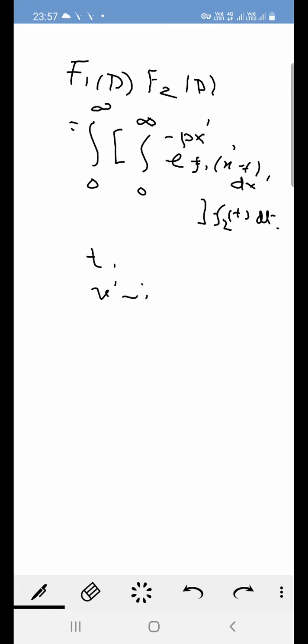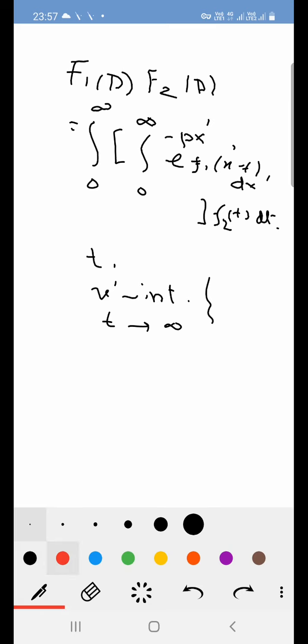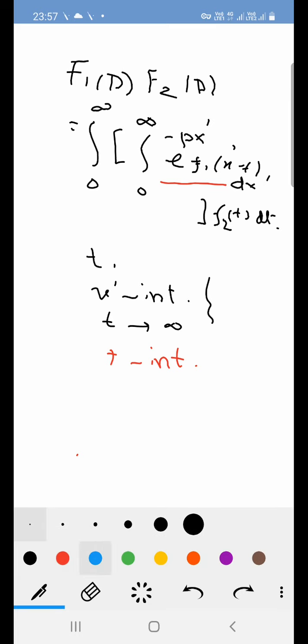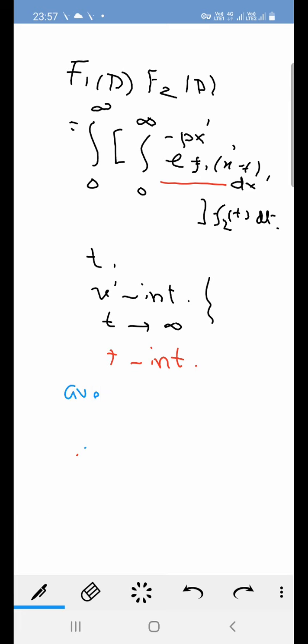This integration is performed initially over the range from t to infinity, and after this integration, next the t integration will take place. In this fashion we cover the entire area of the x dash, t plane.